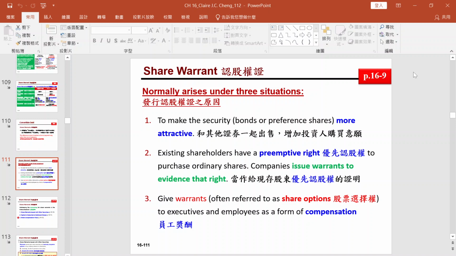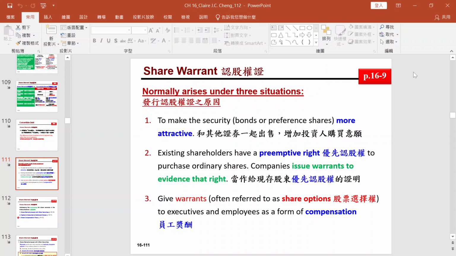Make sure existing shareholders have the option, the right to buy your company's new shares first. Okay? What's the third reason? Compensation. Employees' compensation. You give it to your employees as a benefit. Okay? So three reasons. Last week, we've done the first two reasons.